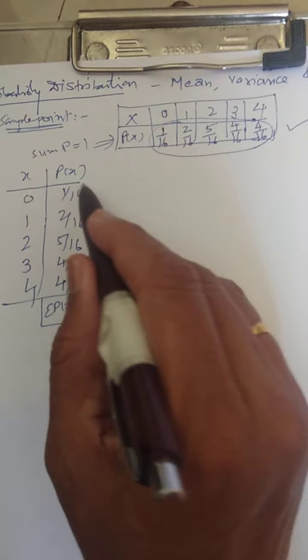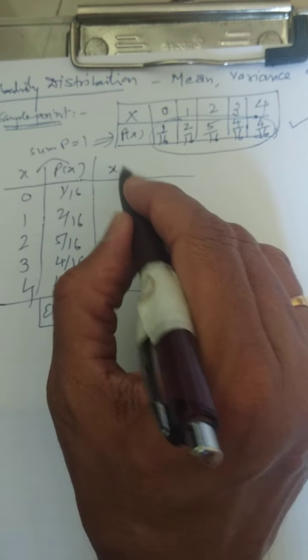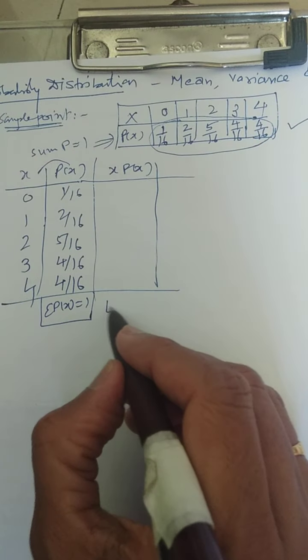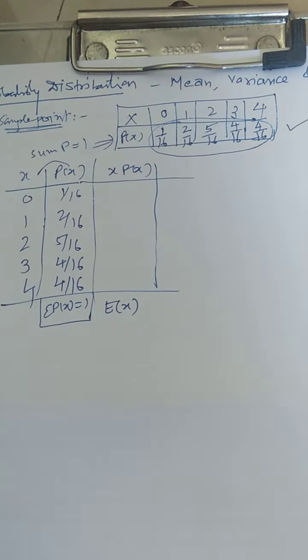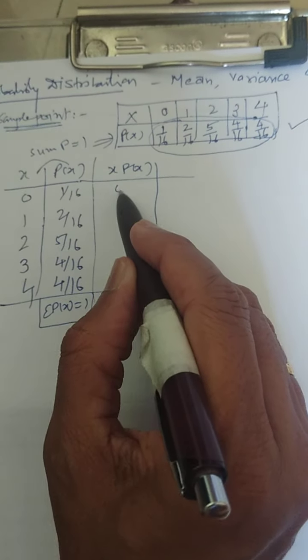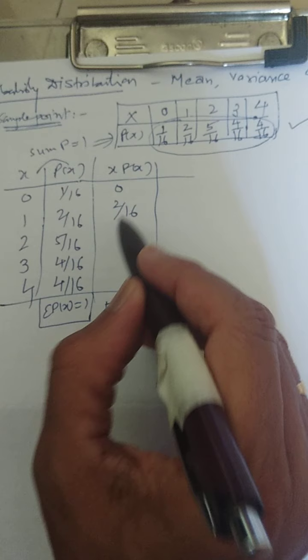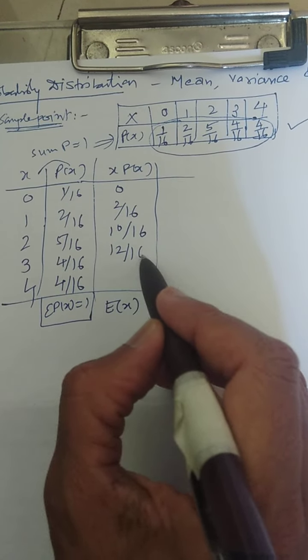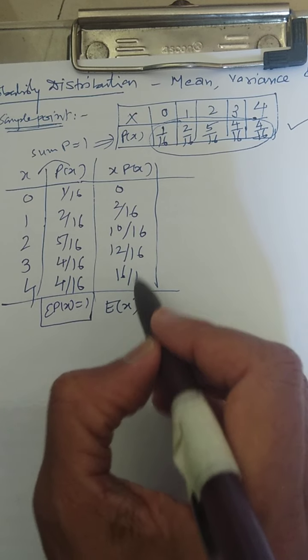Now how do you go further and talk about these three terms? First, get the product of these two, x into px. Whatever answer you get for this is denoted by the symbol E of x. Then if I multiply over here, it will be 0, it is 2 by 16, it will be 10 by 16, over here it will be 12 by 16, it will be nothing but 16 by 16.